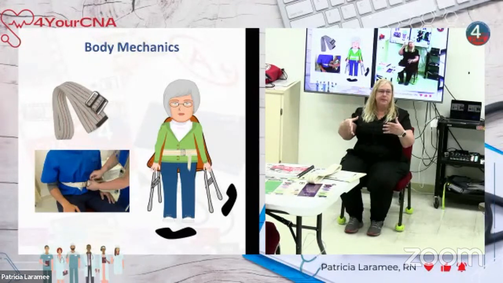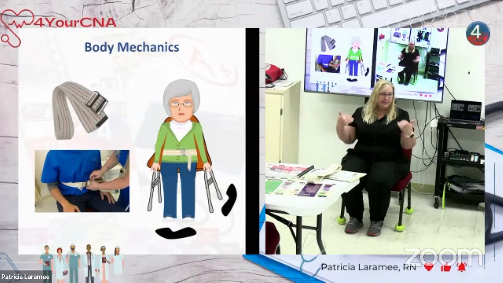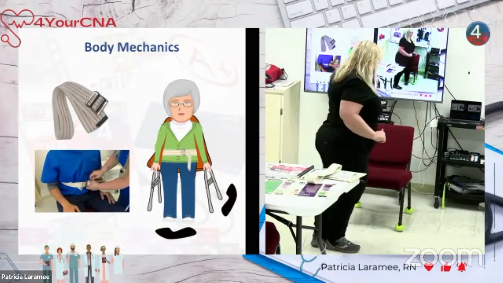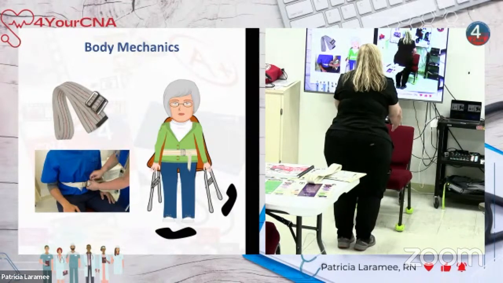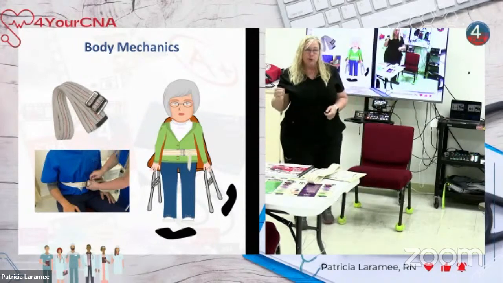So it used to be when a patient was sitting, we stood in front of that patient toe to toe, knee to knee. So if I've got a patient sitting here and I'm standing here, toe to toe, knee to knee, and I'm lifting their body weight up, all of their body weight is coming back toward me. Now, there's a physics principle here.